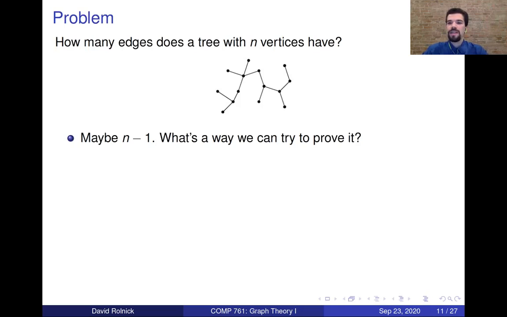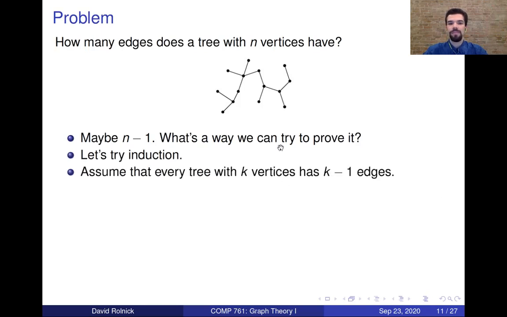So let's see if there's a way to prove this. I'm seeing some suggestions of induction. Let's try induction. Let's assume that every tree with k vertices has k minus 1 edges. What about a tree with k plus 1 vertices? What can we do?